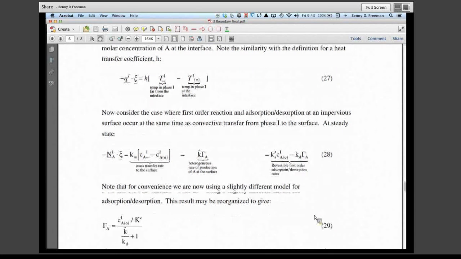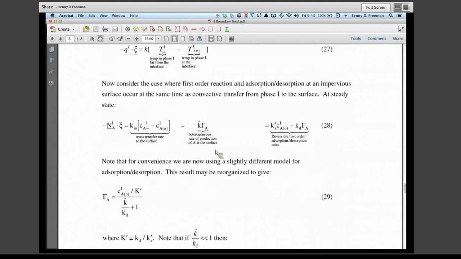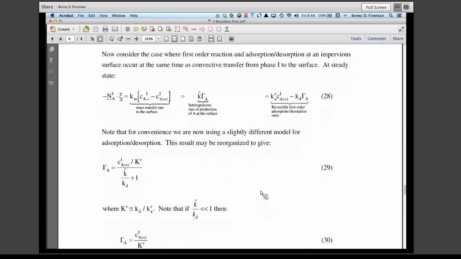And so we can reorganize these results, particularly the second two relationships, to give the following relationship between the concentration of A adsorbed on the surface and the concentration of A in phase 1 just next to the phase interface. Now, this includes both an equilibrium constant, which is the ratio of the desorption to the adsorption rate constant, and it also includes the chemical kinetic rate of reaction term.